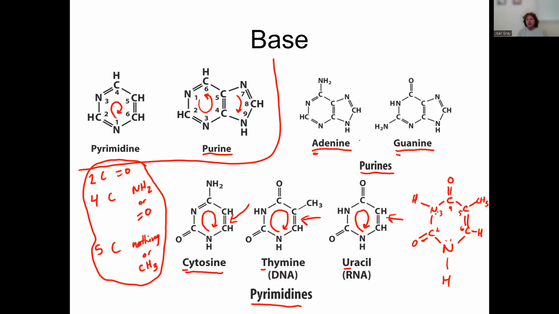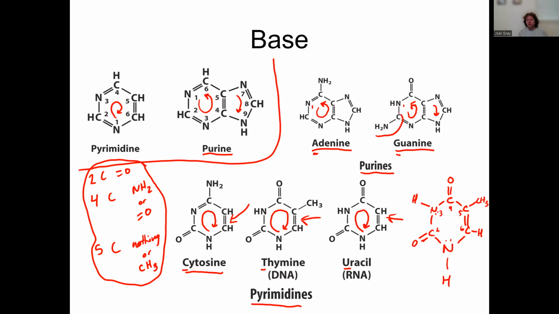Okay, so now when we look at adenine and guanine, remember we had nitrogen at position number 1, and then we had a counterclockwise numbering scheme, and then we had a clockwise numbering scheme. So position number 1, then position number 2.